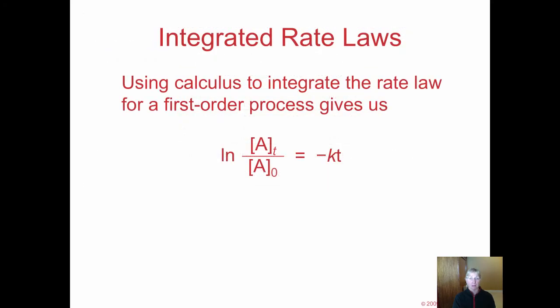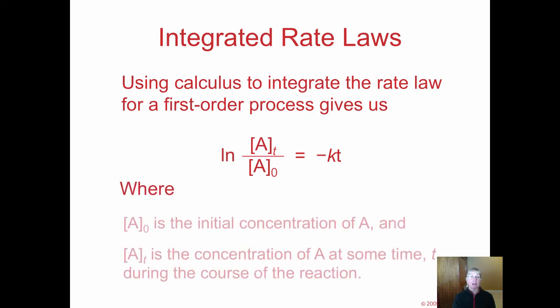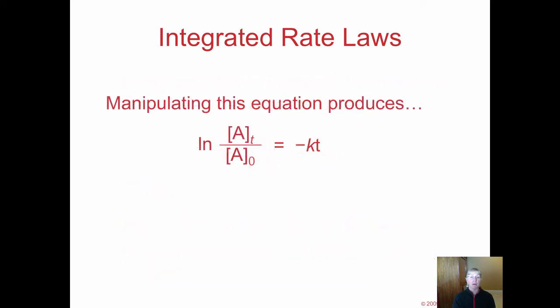Now, having done that, we also learned last time we spoke that you can take the integration of these rate laws and take the concentration of a reactant at time equals 0, or what we call initial concentration, and express it as the natural log.